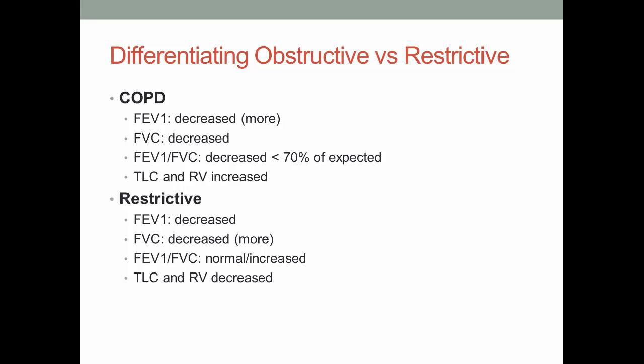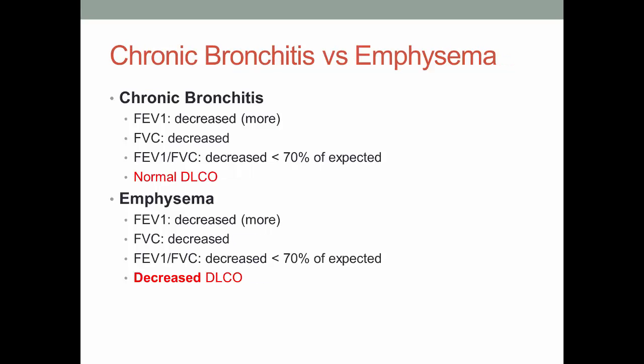So now when you look at the ratio, no longer is it below 70, it's actually normal, or it can be a little bit increased. So once again, that's the biggest indicator of obstructive versus restrictive lung disease: is the ratio of FEV1 to FVC less than 70, or is it normal or increased? And now, like we also talked about, the total lung capacity and the RV is decreased because of the difficulty inhaling.